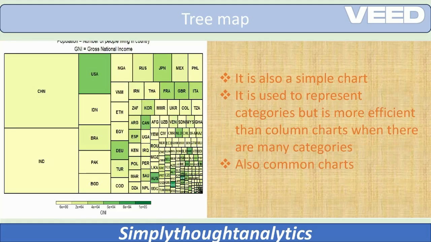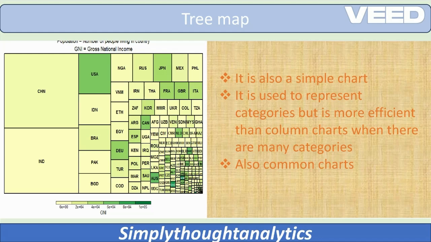Then let's look at tree map. When you look at this tree map, you can see different boxes. The size of each of these boxes represents the proportion or the magnitude of the value that box is representing.